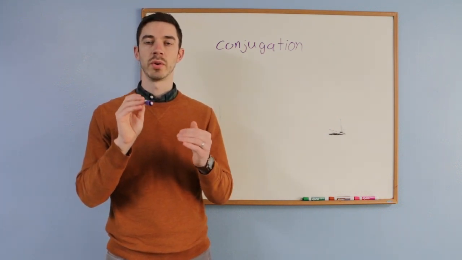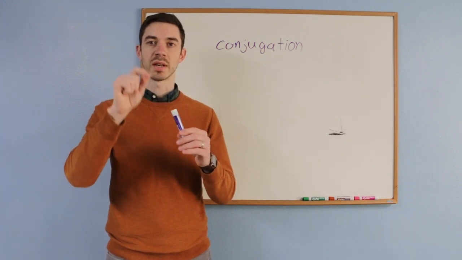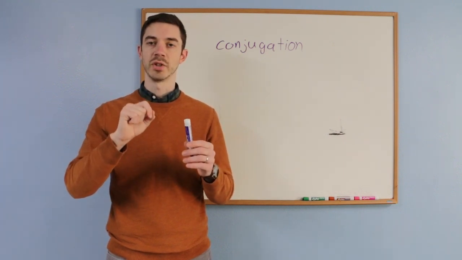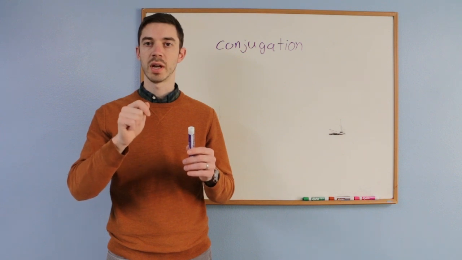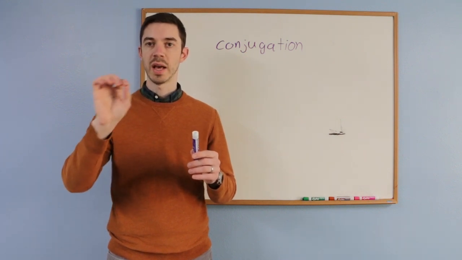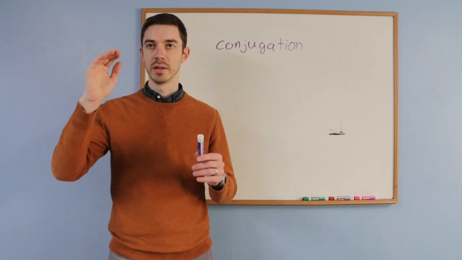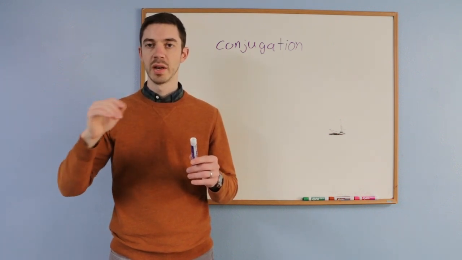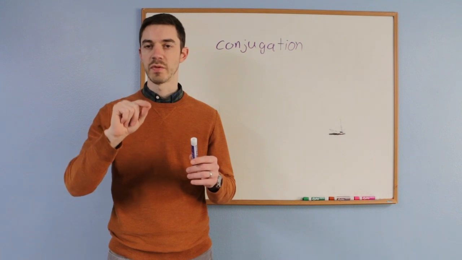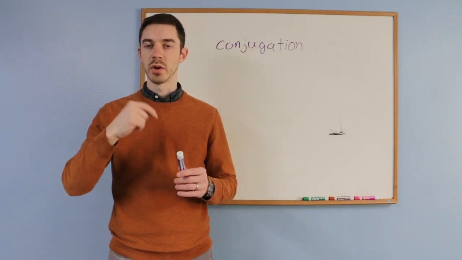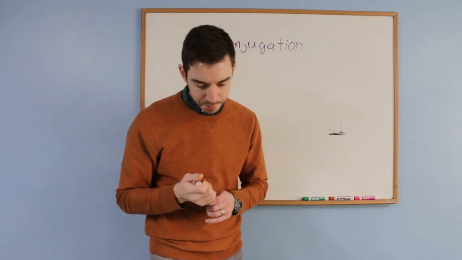So remember when we were doing nouns, when we would decline a noun, and just like you've been doing on your chart, you put all the different endings on the noun for nominative, genitive, dative, accusative, ablative in singular and plural. So a conjugation is the same for verbs, but it's showing who's doing the action.